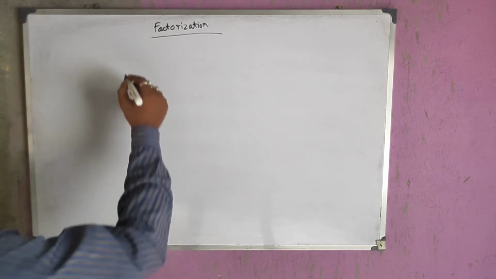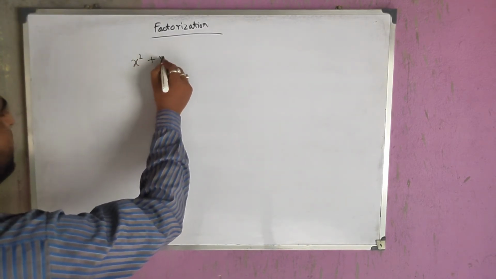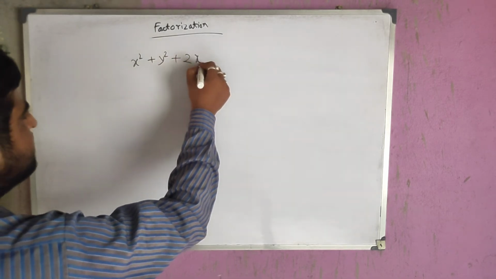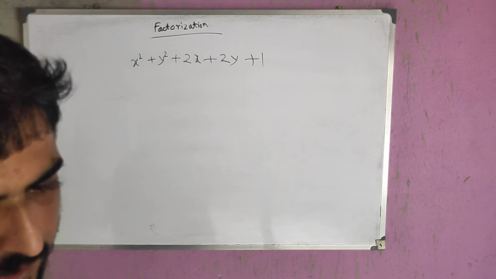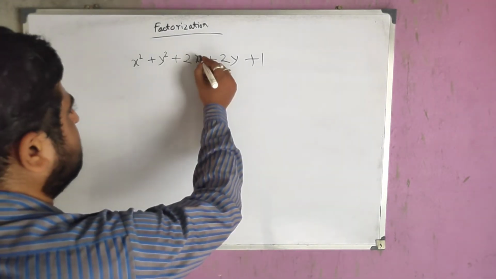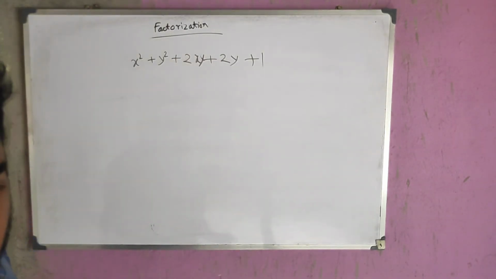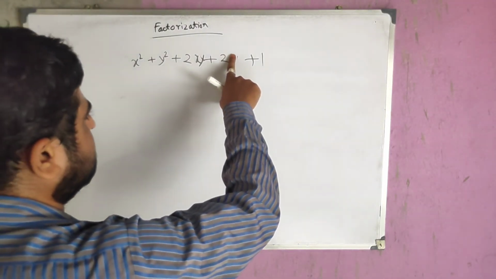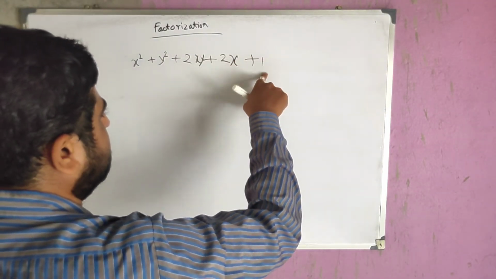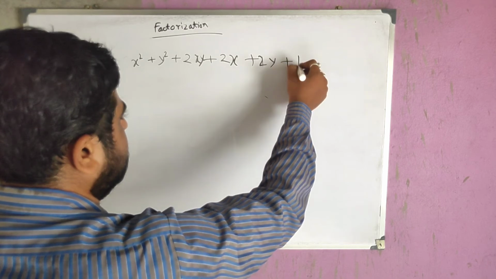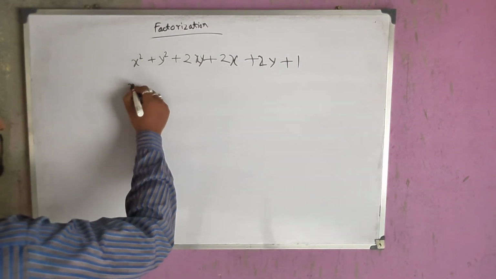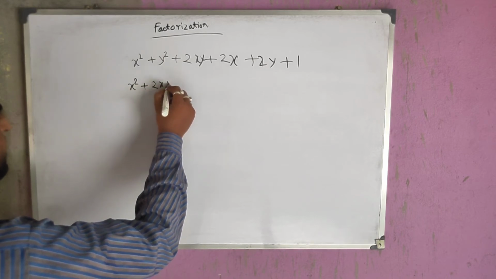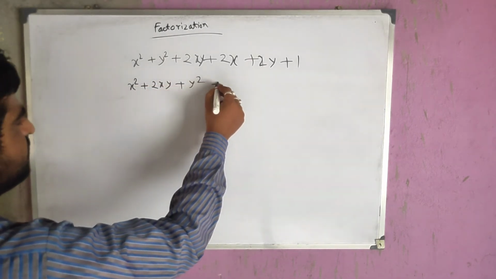Next sum, x square plus y square plus 2x plus 2y plus 2xy plus 2x plus 2y plus 1. So you see here it is 2ab form. So we can write it this way, x square plus 2xy plus y square.